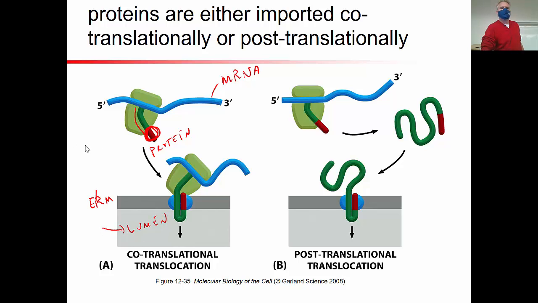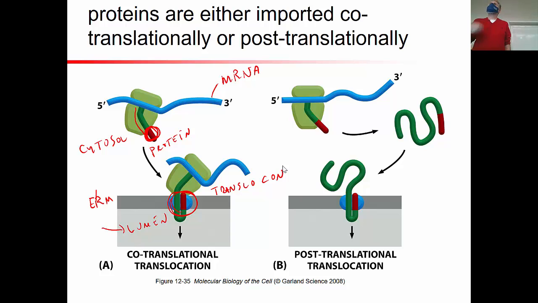And of course, we know translation always occurs in the cytosol. So translation is stopped until the ribosome binds to this special thing called the translocon. Once it's bound to the translocon, translation resumes.